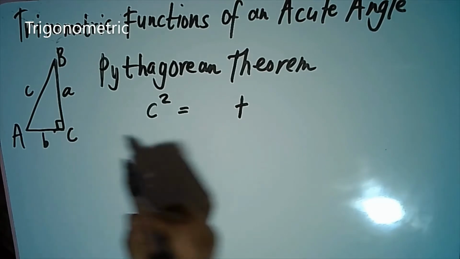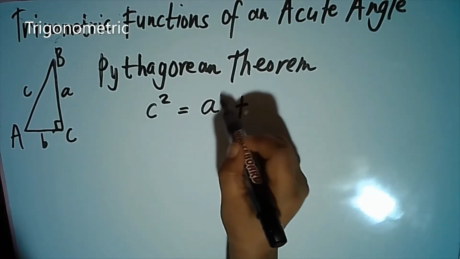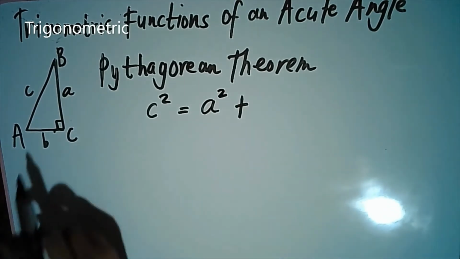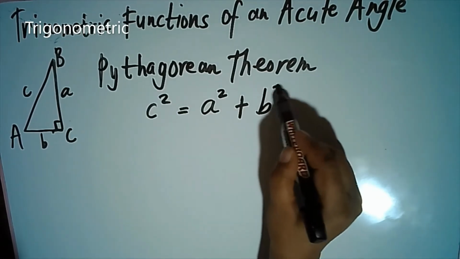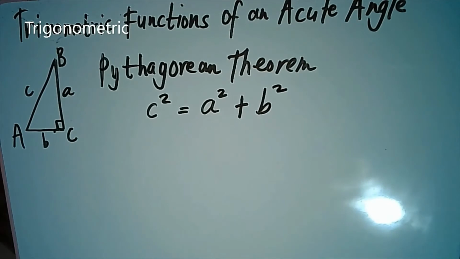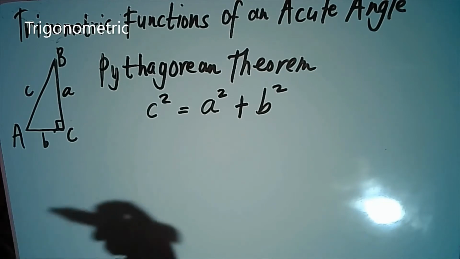So the other two sides are a, so a squared, and b, so b squared. Again, the Pythagorean theorem states that the square of the hypotenuse of a right triangle is equal to the sum of the squares of the other two sides.